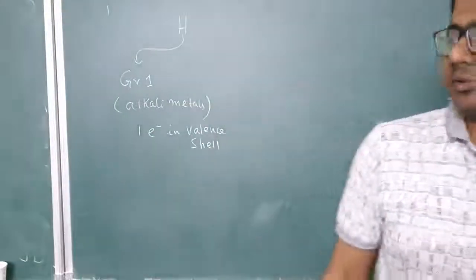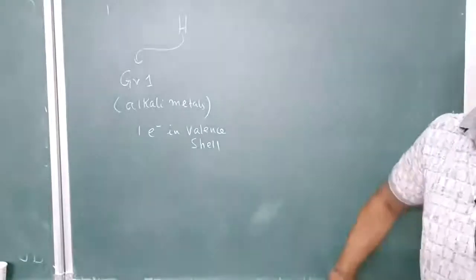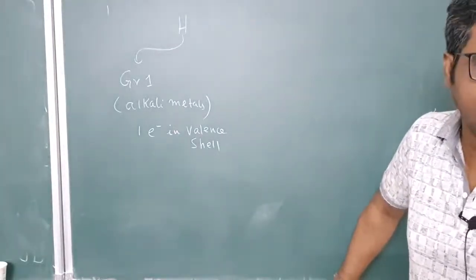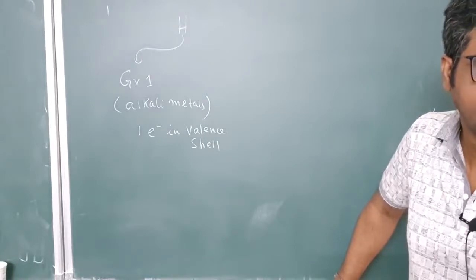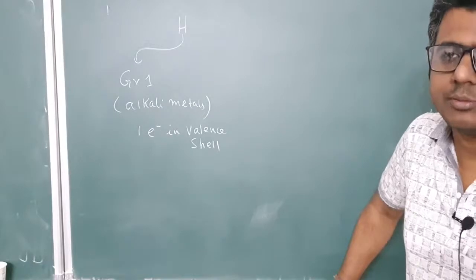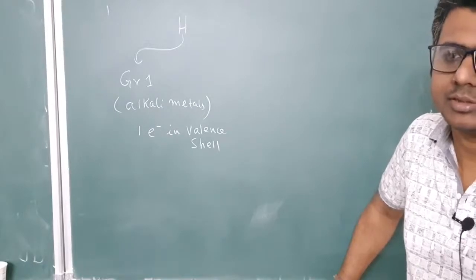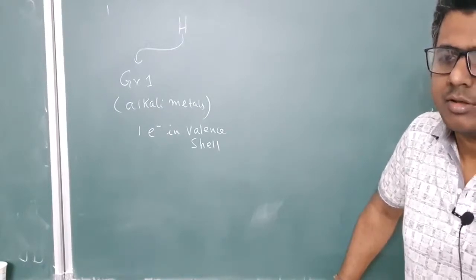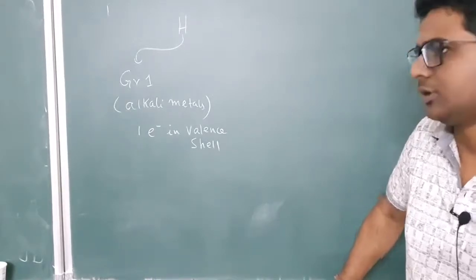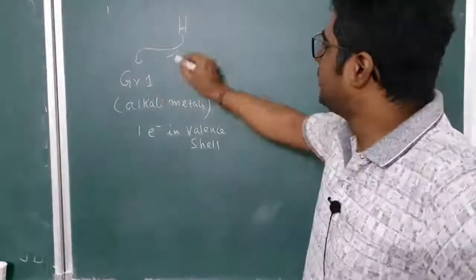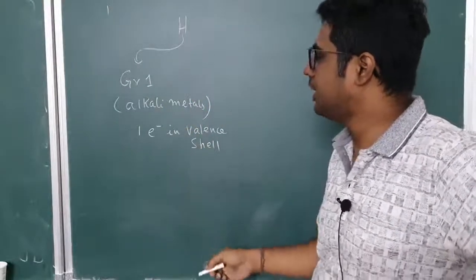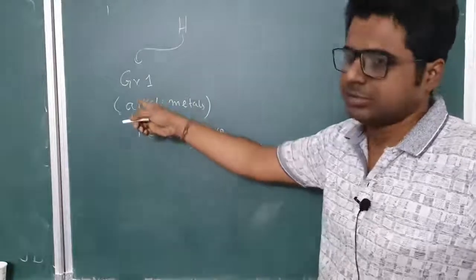Group 2 elements have how many electrons in their valence shell? Two electrons, correct.